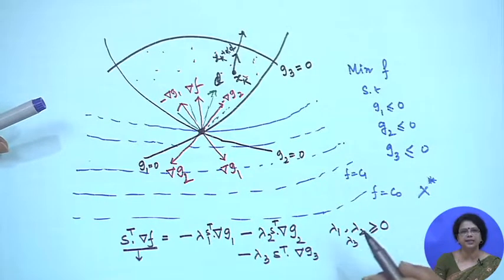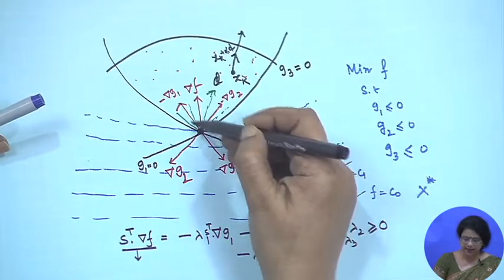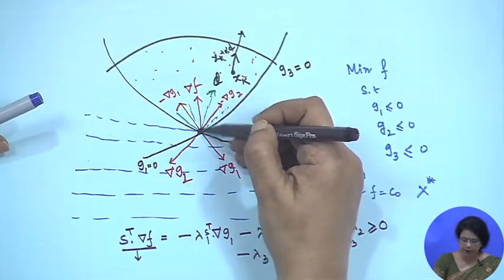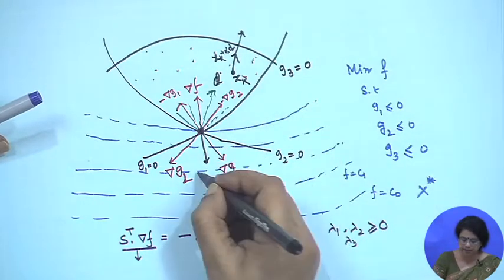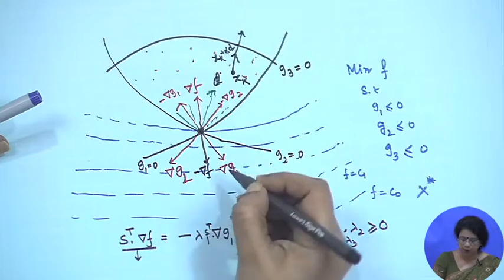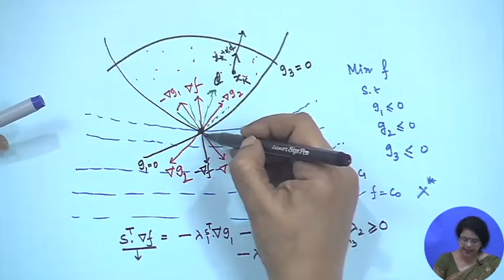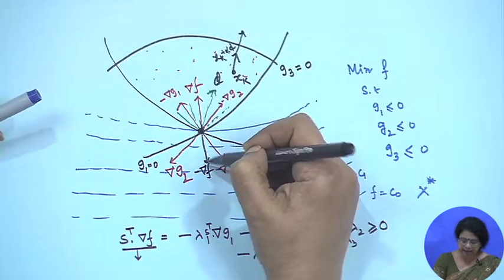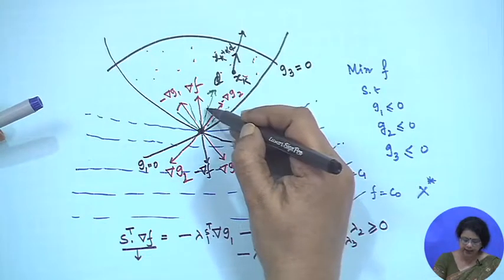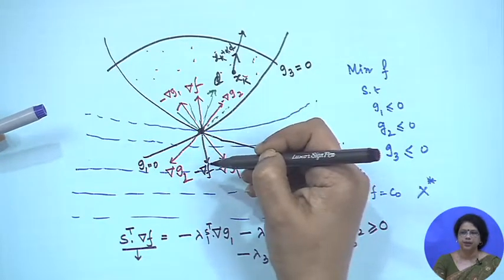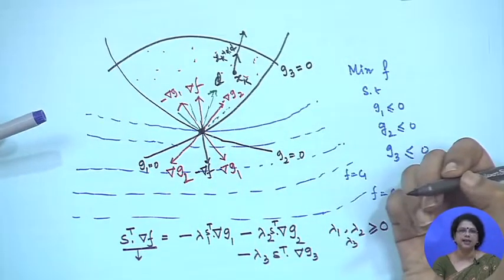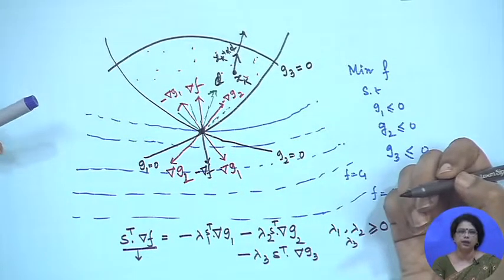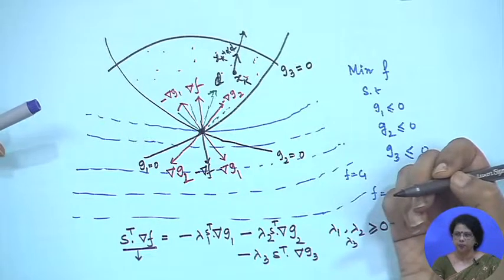But if I consider the just opposite direction to grad f, that is minus grad f, then minus grad f makes an obtuse angle with d. Thus, the descent direction can be defined as grad f dot d must be less than 0.